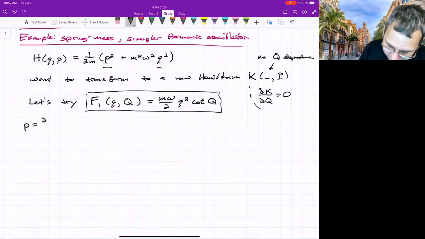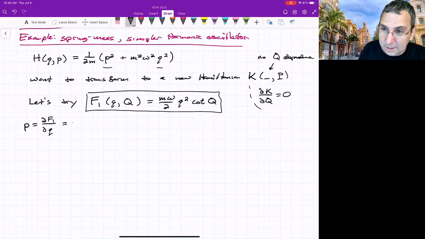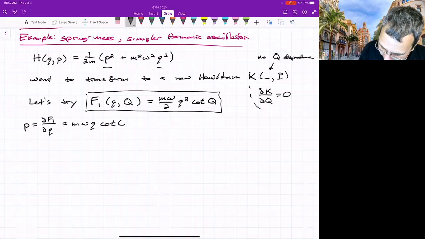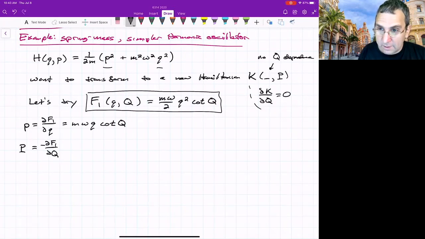So if you take partial F1, we follow that recipe up above of which derivatives we have to take. This is partial F1, partial little q, and we get m omega q cotangent big Q. And then big P is minus partial F1 partial big Q. And then you've got to look up what the derivative of cotangent is.